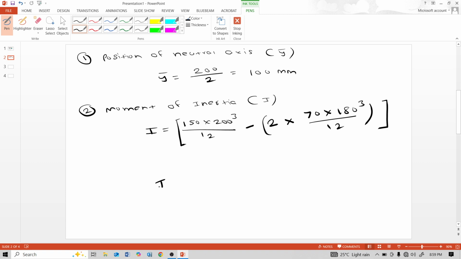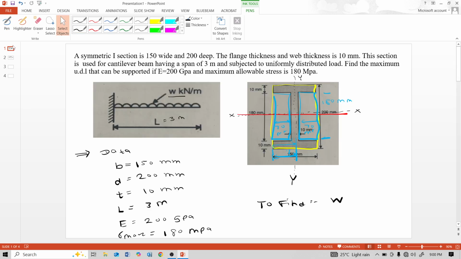So moment of inertia for that I section is 150 multiplied by 200 cube divided by 12 minus 2 into 70 into 180 cube divided by 12, which is 31.96 into 10 raised to 6, and the unit of moment of inertia is mm raised to 4. So 31.96 multiplied by 10 raised to 6 mm raised to 4 is the moment of inertia for that I section.